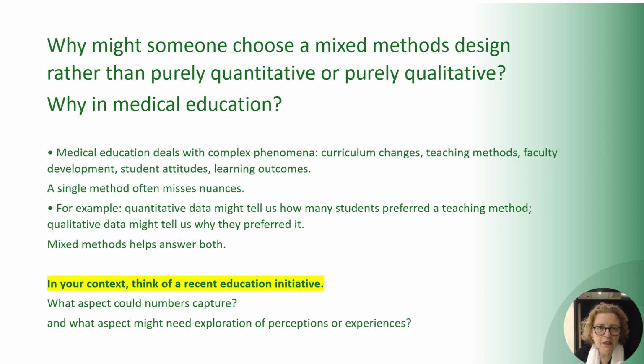So you've got to deal with curriculum changes, teaching methods, faculty development, student attitudes, learning outcomes. And a single method, just shunting out a quantitative survey, misses the richness of people's insights and experiences. If you just tell people's experiences, it actually misses out bigger pictures of patterns across data sets and cohorts.